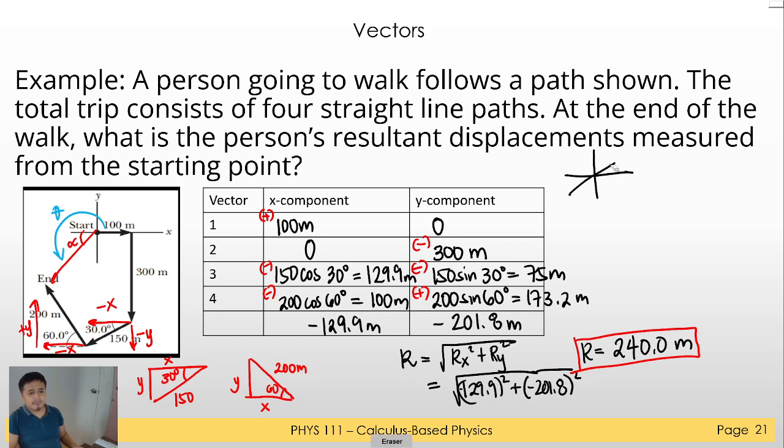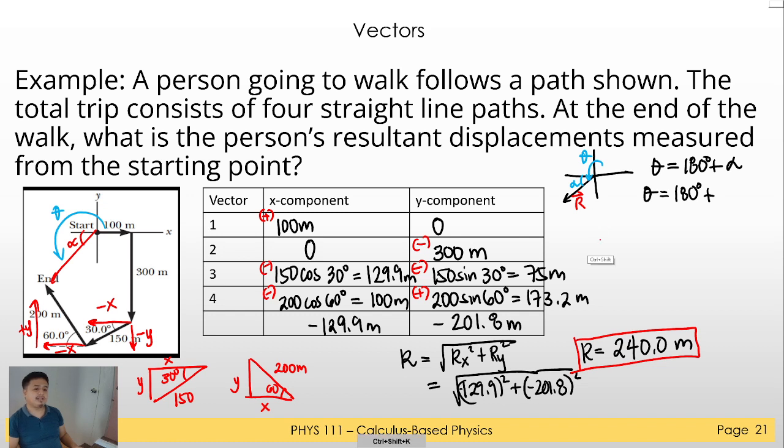Your resultant R vector will have an alpha here and then another one, which is theta. So theta is equal to 180 degrees plus alpha.